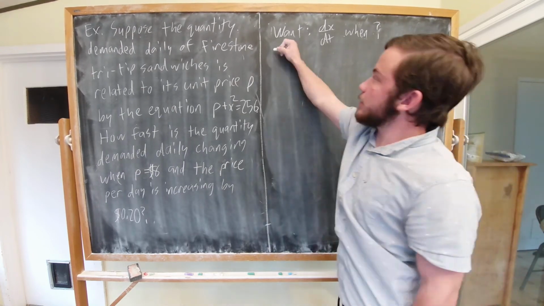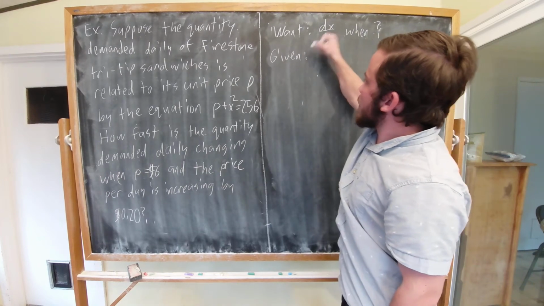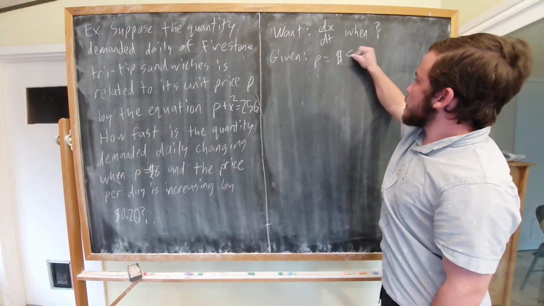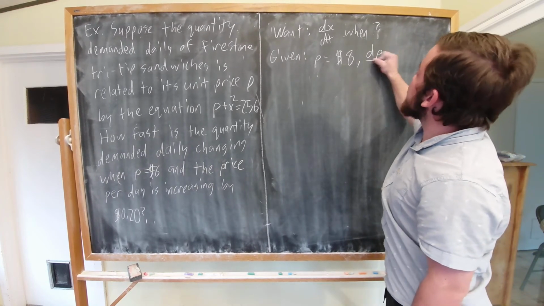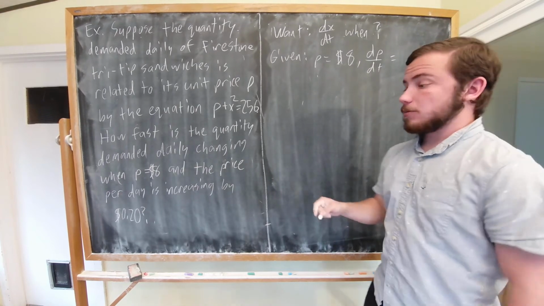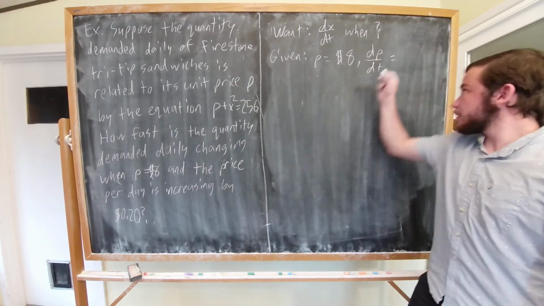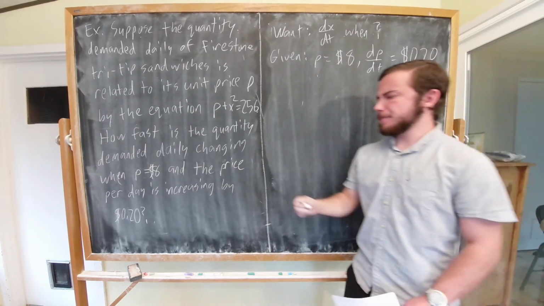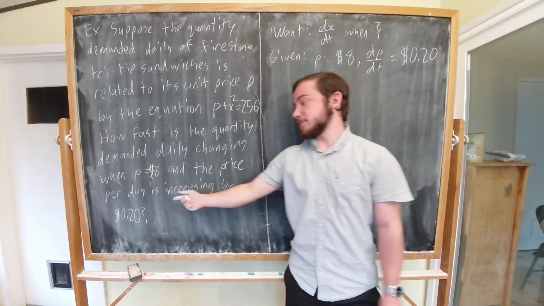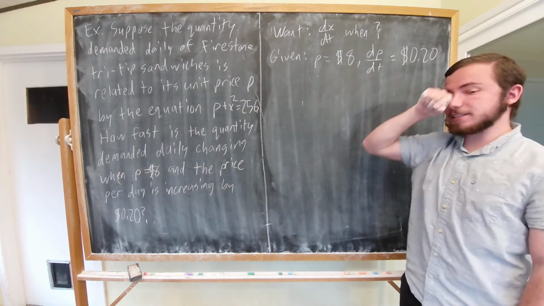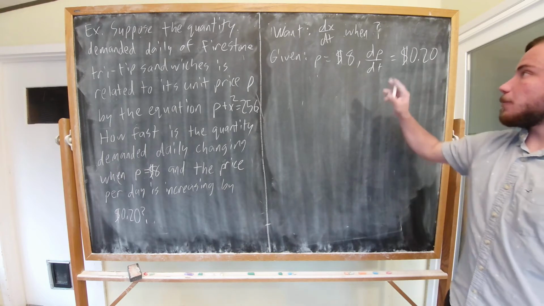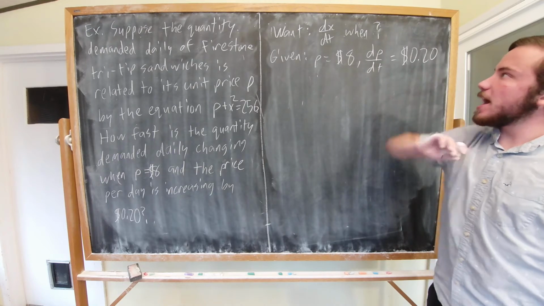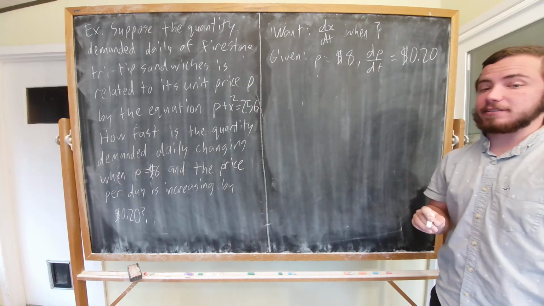Well, we're given price is $8 and dp/dt, price changing with respect to time, is positive 20 cents. The reason I say positive: if this were decreasing, we'd put negative 20 cents, but because it's increasing, we put positive. So price is $8, it's changing at a rate of 20 cents, and we want dx/dt.